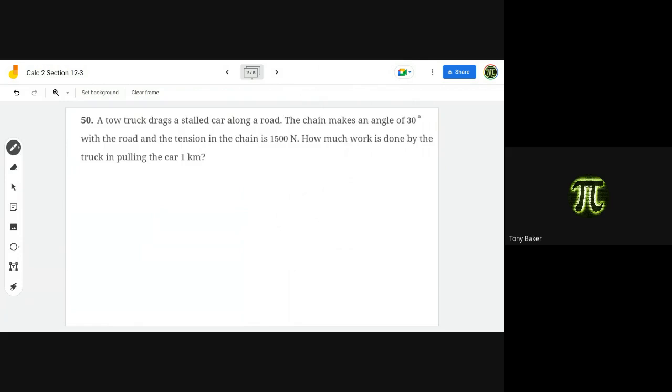So we've got 1,500 times 1,000 times cosine of 30 degrees. That's it.